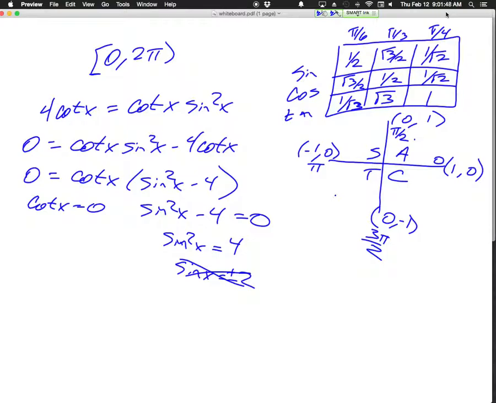What is cotangent? Cosine over sine. And in order for this fraction to equal 0, what part of it needs to equal 0? The top does. So that means I'm interested in when cosine equals 0. So I go over to my quadrantals. When does cosine equal 0?